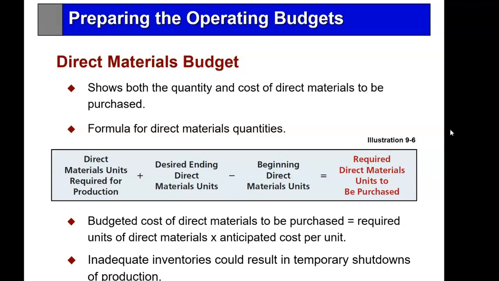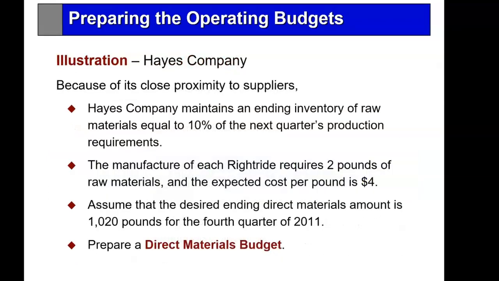Put that all together and we get the required direct material units to be purchased. Okay? So the budgeted cost of direct material to be purchased over here, required units of direct material, and we work in units right down to the last part of the budget, and then we multiply through by the cost per unit. Okay. And as it said, if we run out of inventory, there's a shutdown of production.